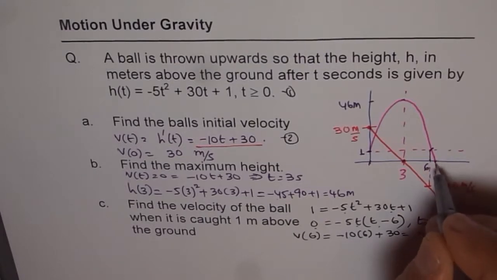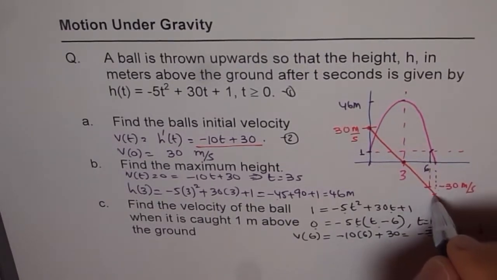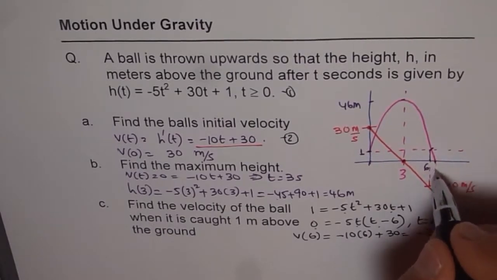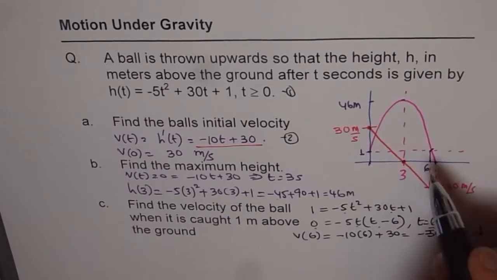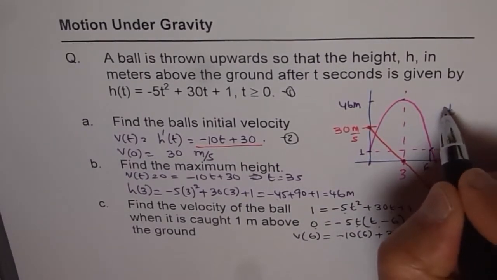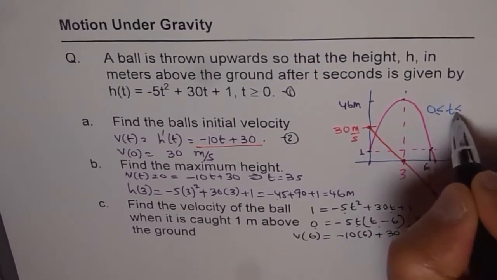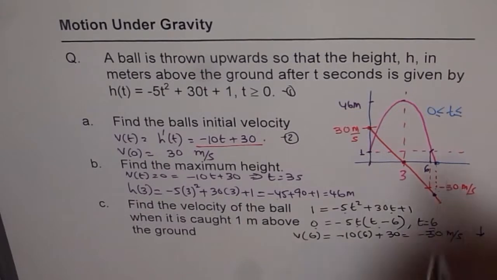When it hits the ground, the graph is not valid after that, so at this point you have to stop the graph. So our domain for time is t greater than or equal to 0 but less than or equal to this point, which we didn't find, but you should find.